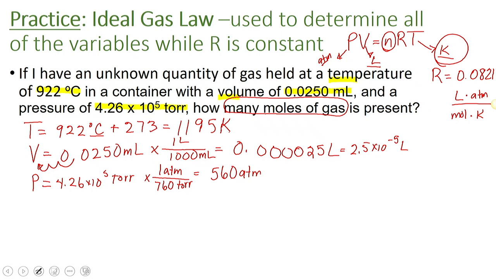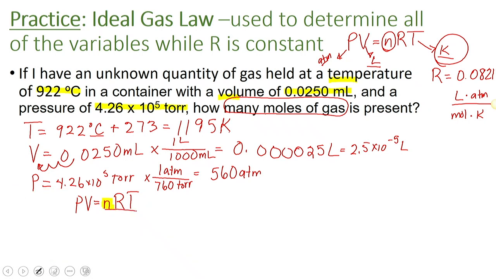We've got to rearrange our ideal gas law so that we get our number of moles by itself. So if I start with PV equals nRT, I'm trying to get n all by itself. How do we do that?